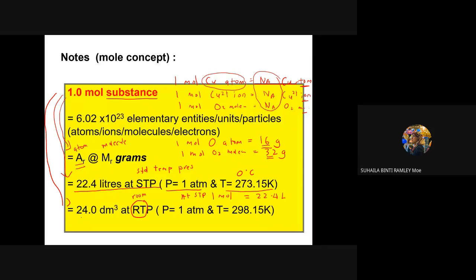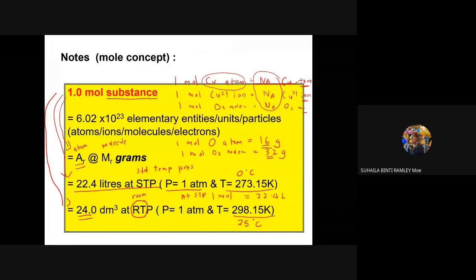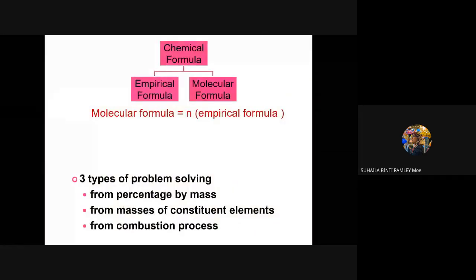So the volume will be equal to 24 liter or decimeter cubed. Room temperature is 298.15 K. So in degree Celsius? 25 degree Celsius. So all these conversions you need to remember. This one is fine, it can be taken from the periodic table. But this one, 22.4 and 24, and this one, the Avogadro constant, I think you know.